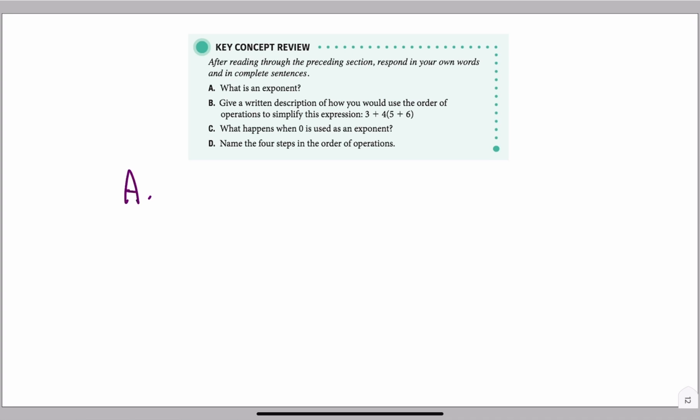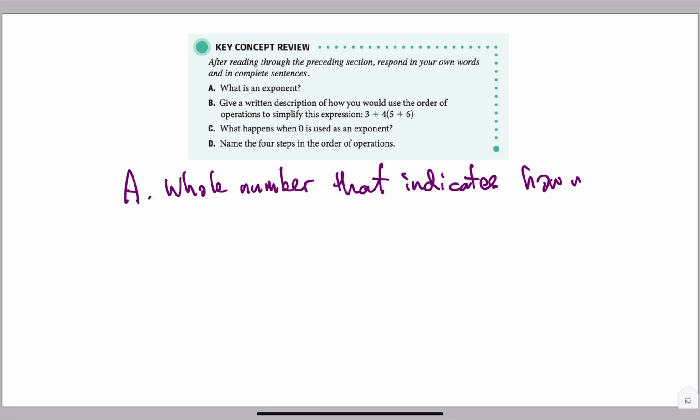What is an exponent? An exponent is a whole number that indicates how many factors of a base are to be multiplied.